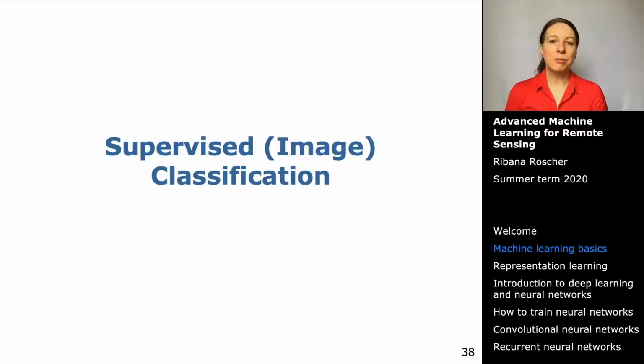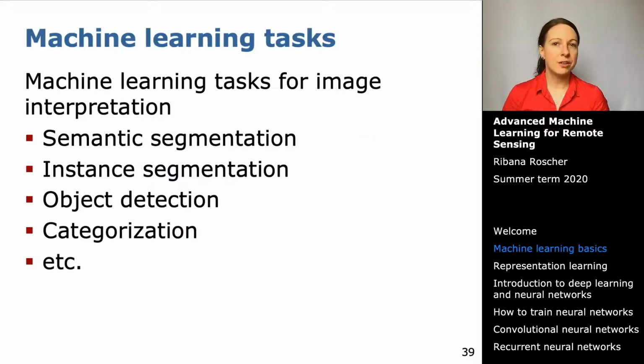I want to talk a bit more about supervised image classification. There are several machine learning tasks related to image interpretation, and depending on what you want to have in the end, you either focus on semantic segmentation or instance segmentation, object detection, or categorization.